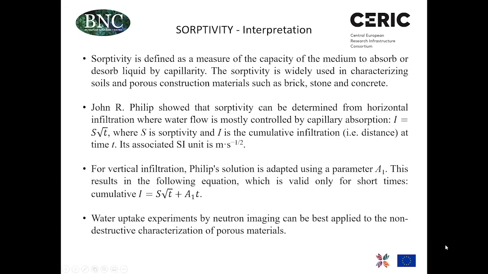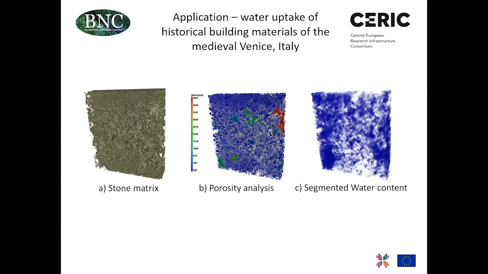And finally, this entire procedure was just for demonstration purposes. And this can be used in real life also for real materials, porous materials. And this was an example from porous building materials in Venice.